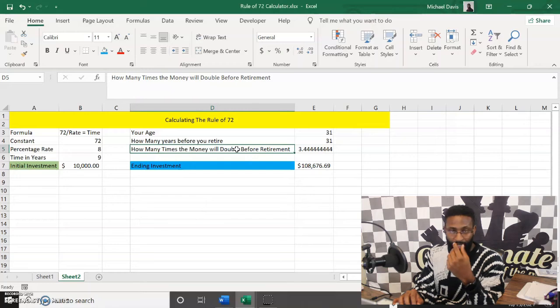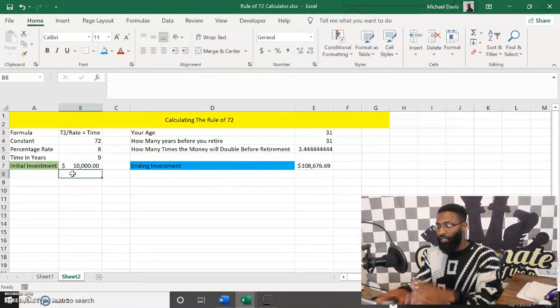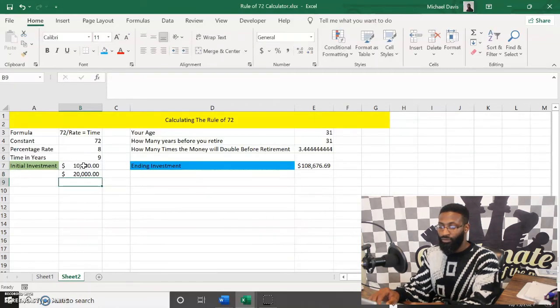Now, I know if we're doing simple math, I said how many times the money will double before retirement. When we're talking doubling, we're not talking 10,000 times 2. We're talking about 10,000 times 2, 10,000 times 2, 10,000 times 2, and then there's the 0.4. So again, if we do this amount here, you get this.